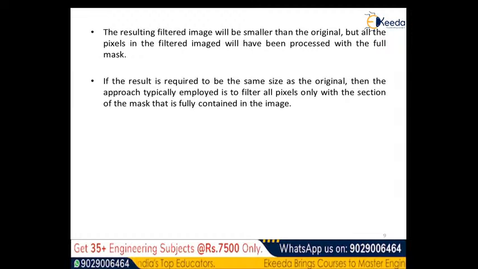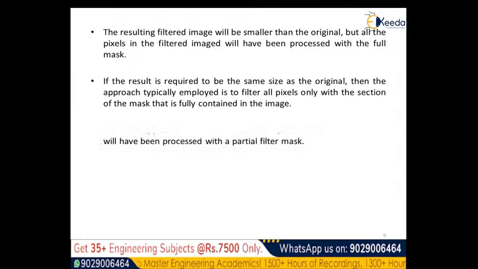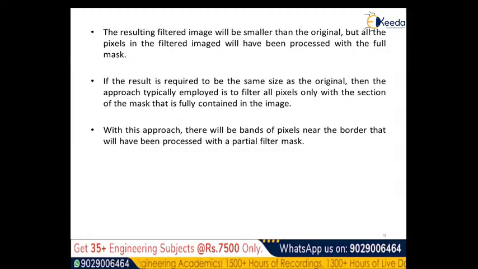If we expect the spatially filtered image to be of the same size, then we have to filter all the pixels only with the section of the mask that is fully contained in the image. We don't have to go outside the border of the image. With this approach, there will be bands of pixels near the border that are processed with a particular filter mask.